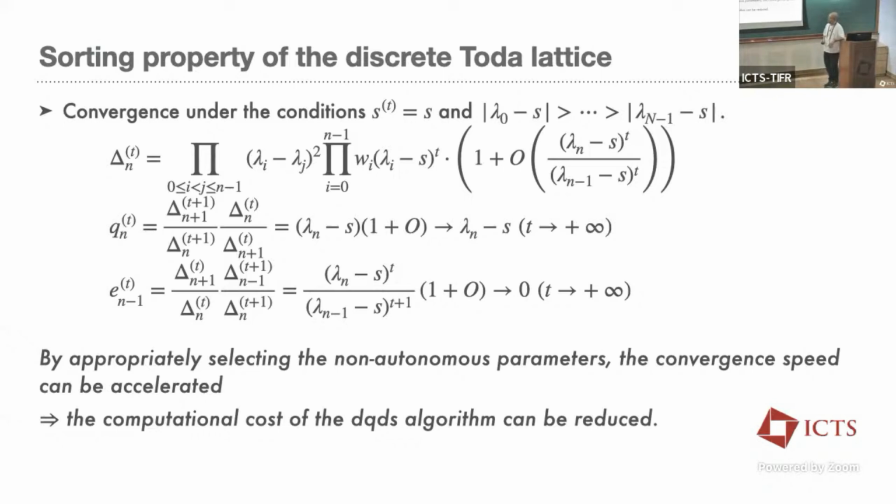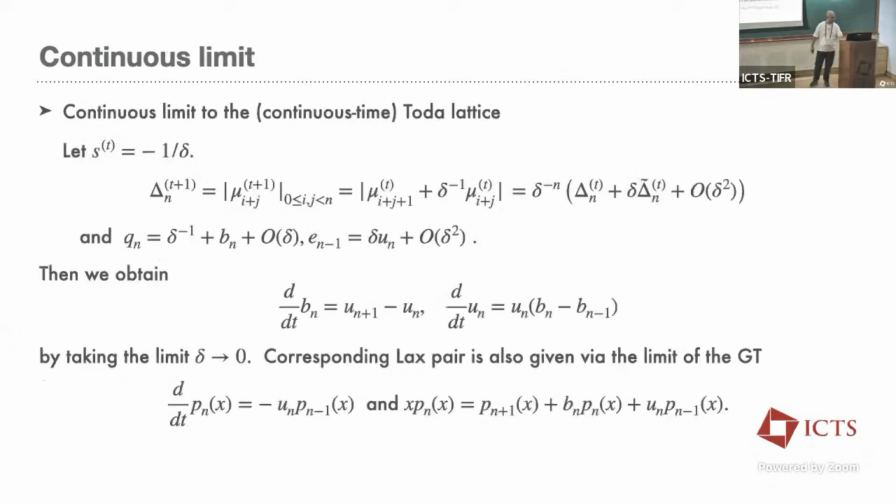Okay, and you see, by using the theory of orthogonal polynomials, we can rather easily introduce some non-autonomous discrete system. Okay, I'm slightly speeding up, but it's better to stop around here.